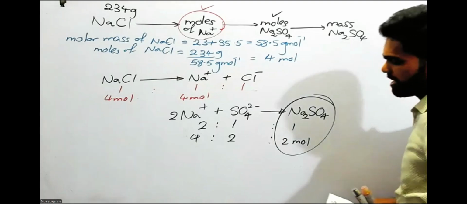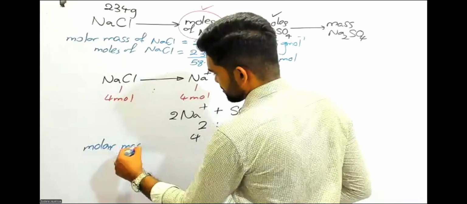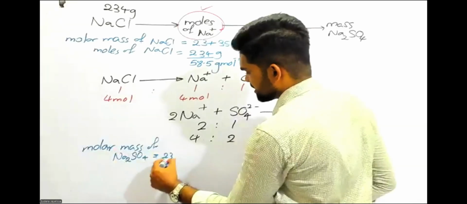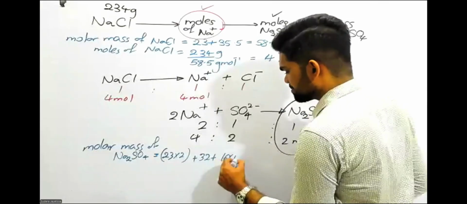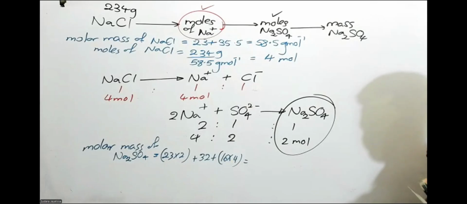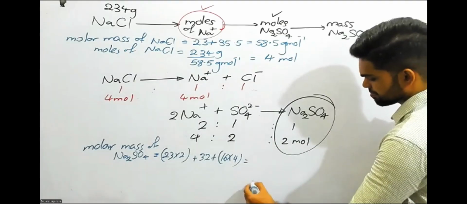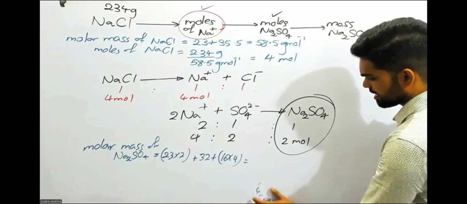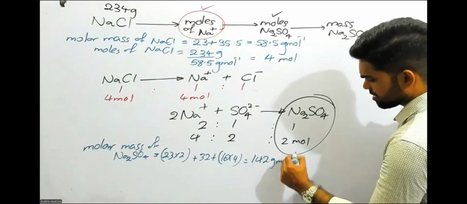So now let's find the molar mass of sodium sulfate. Sodium 23 times 2, sulfur 32, and oxygen 16 times 4. That gives 46, 32, 64, totaling 142.